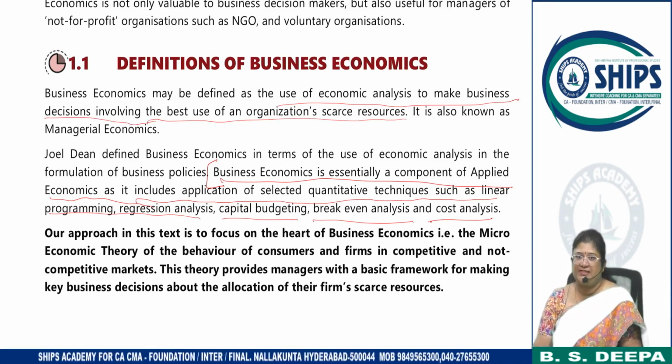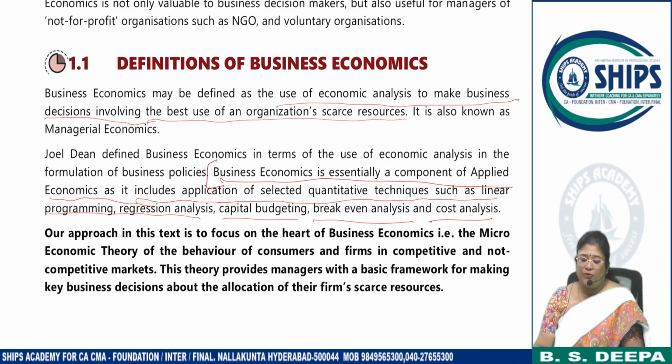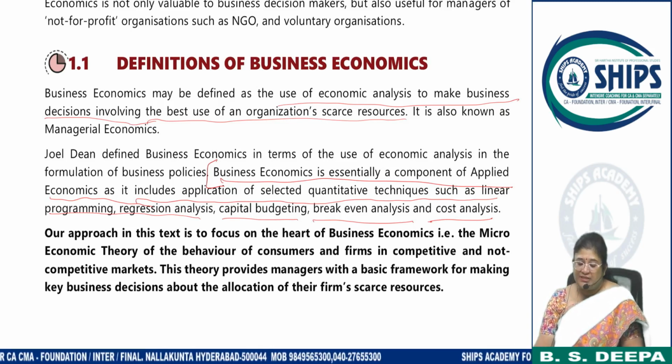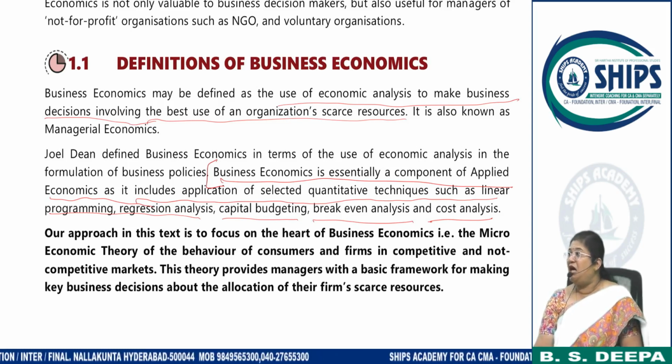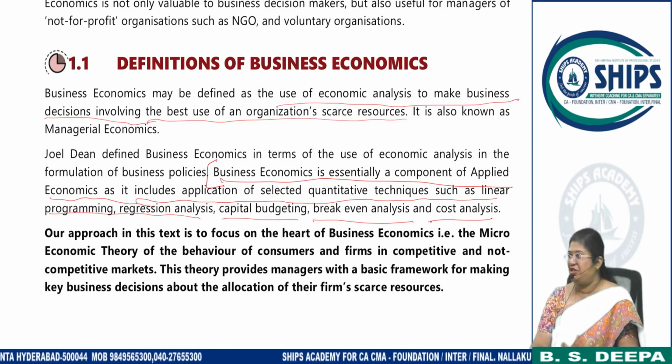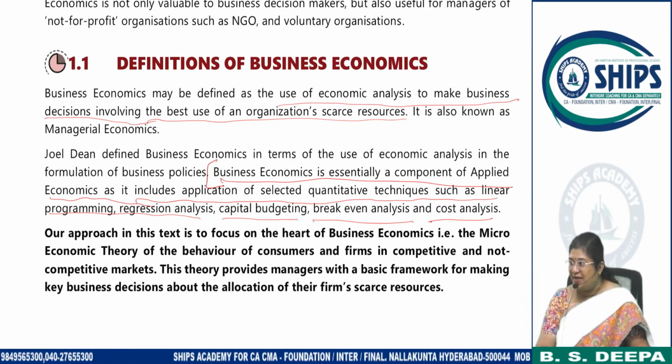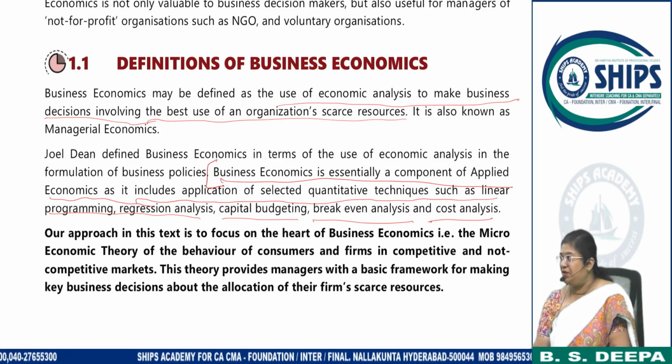This is very simple to understand, right? So what do we do in business? We take decisions. What kind of decisions do we have to take? How do we make use of the scarce resources so that we can make the best usage of them? Correct? A firm will have limited resources, some land, some labor, some capital, right?